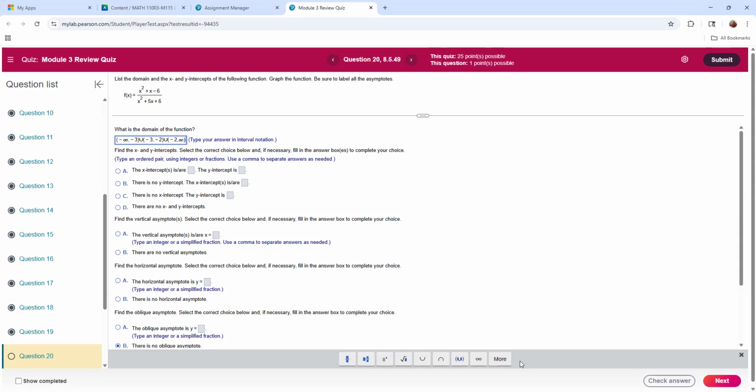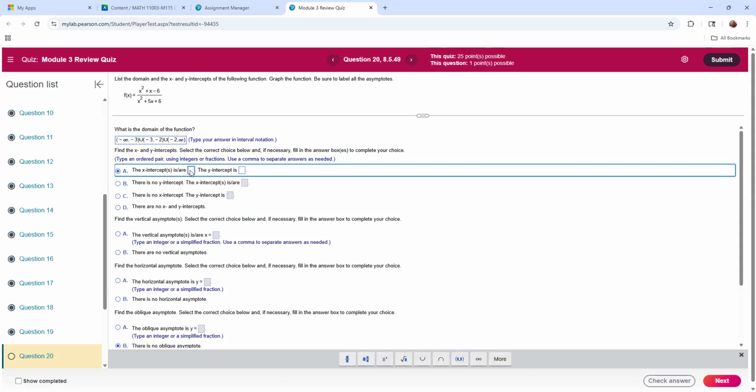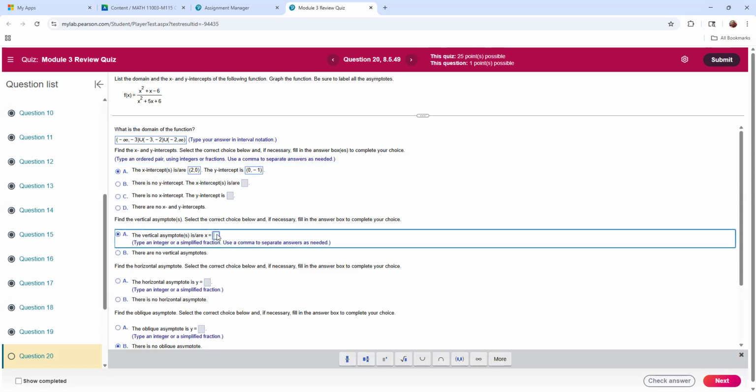All right, so let's see what this says. The x-intercepts and the y-intercepts. Well, I did have an x-intercept, so right here, x-intercept was 2, 0. The y-intercept was 0, comma, what was that? The y-intercept, -1. All righty. The vertical asymptote is x equals.